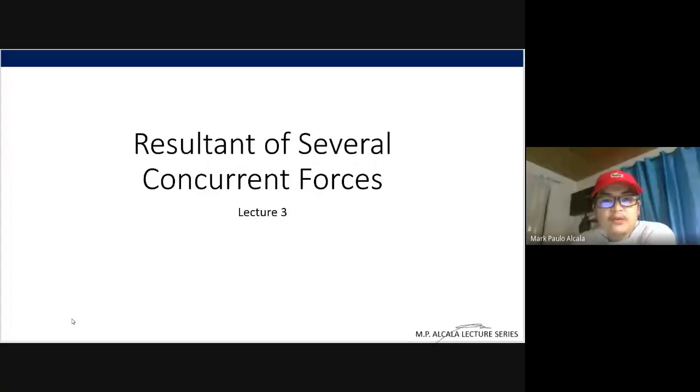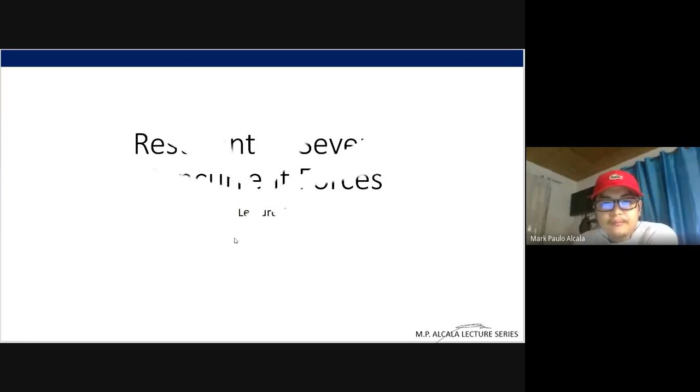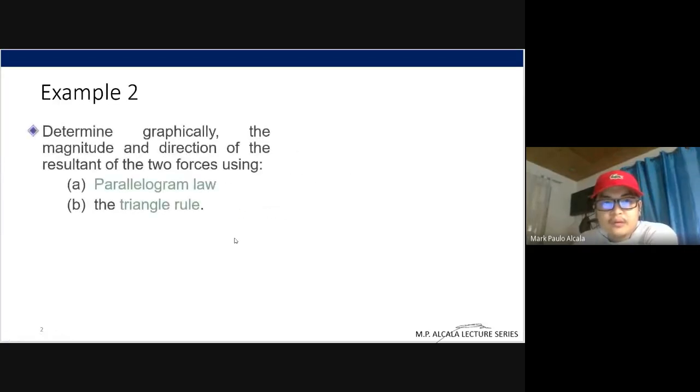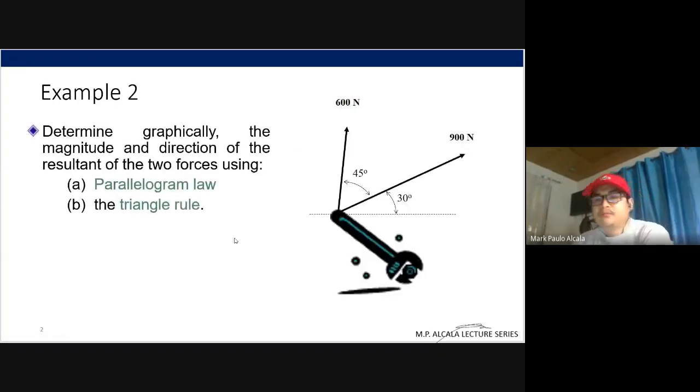Resultant of several concurrent forces. In this example, we have a screw or a wrench. You are to determine graphically the magnitude and direction of the resultant of the two forces using our methods, either the parallelogram rule or the triangle rule.